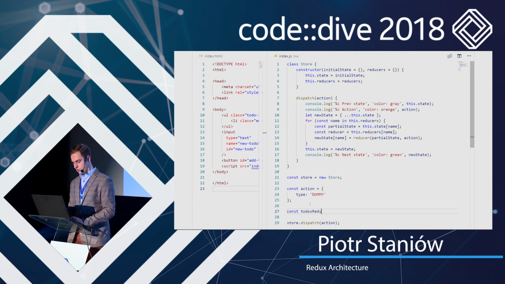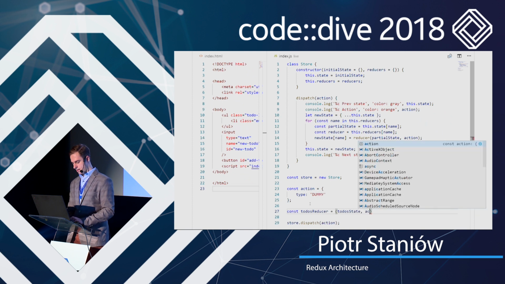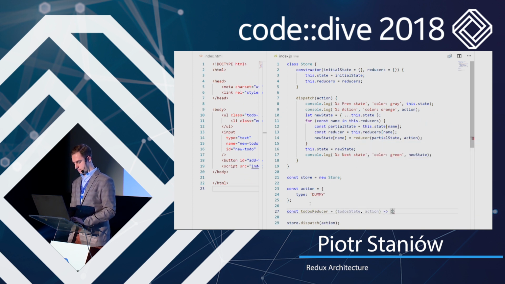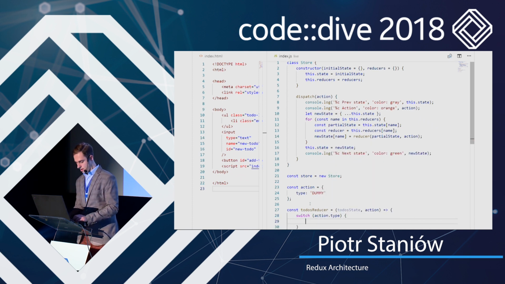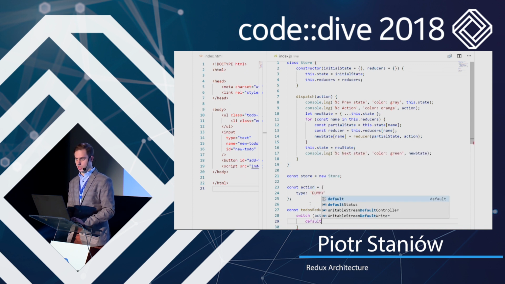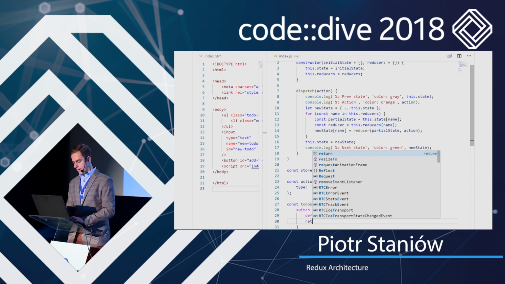So our ToDo reducer is a function of ToDo state and an action. And one of the ways to check what's the type of the action is to use switch statement. Well, it works pretty well if you don't want to have multiple if statements.